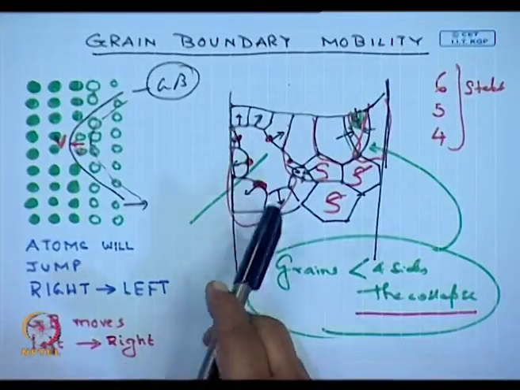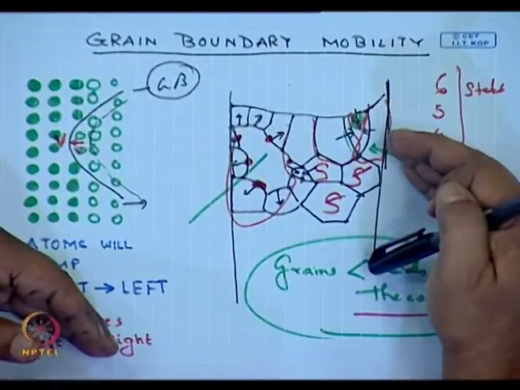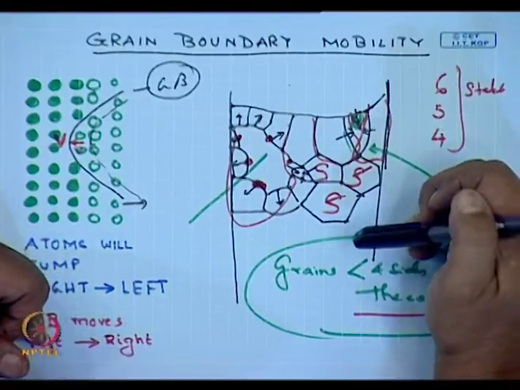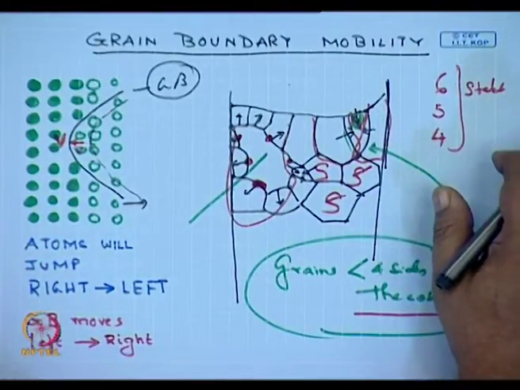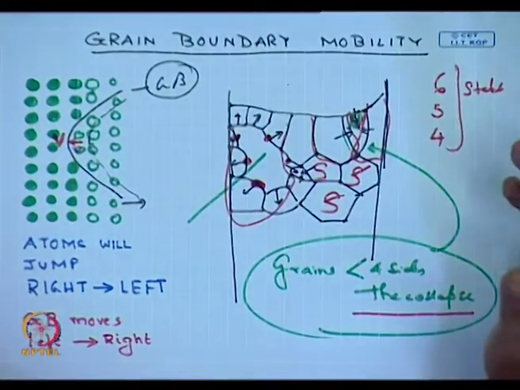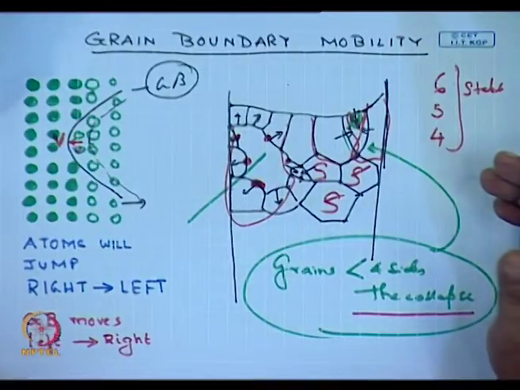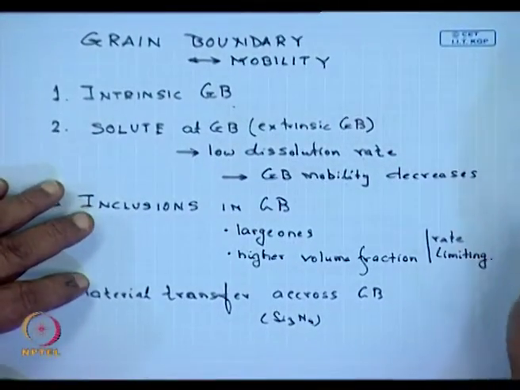That would pin the grain boundary over here, and very large scale grain growth of the grain boundary would be defeated. As a result, if there are solutes present in the grain boundary, mobility can be decreased.